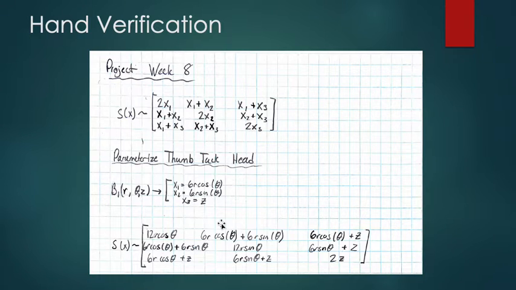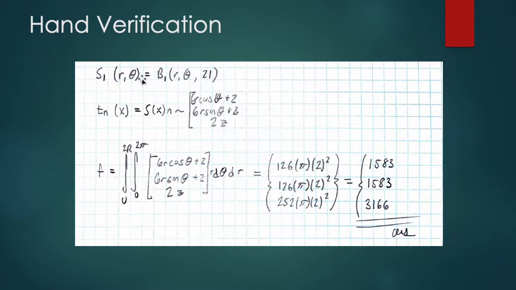It just had to be accounted for, just like in the code here, but you can see a little better where this would be 12r cosine theta instead of 2r cosine theta. And then 6r cosine theta and 6r sine theta, because this is x1 plus x2. This is x1 plus x3, x1 plus x2, and so on, just like up here.